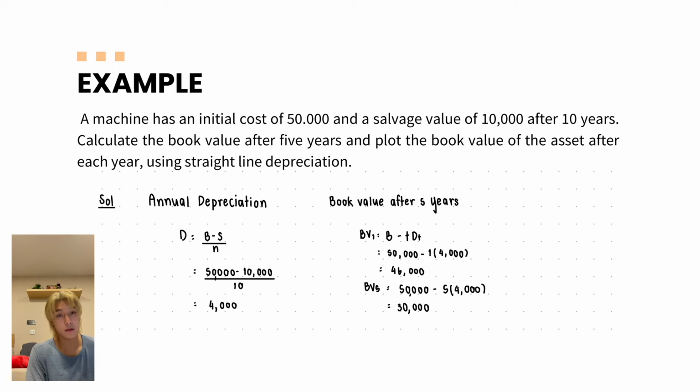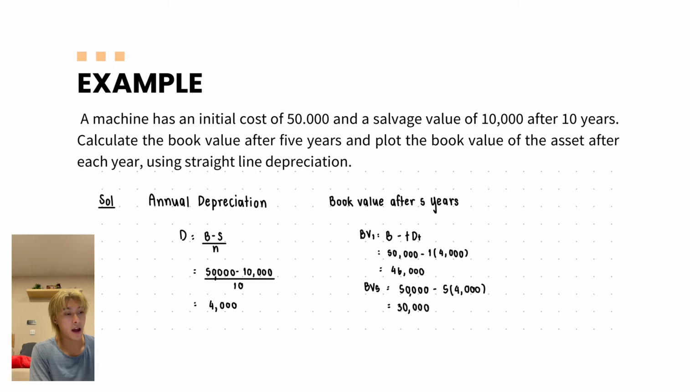For example, this is our example. A machine has an initial cost of 50,000 and a salvage value of 10,000 after 10 years. Calculate the book value after 5 years and plot the book value of the asset after each year using straight line depreciation. Here is a solution.